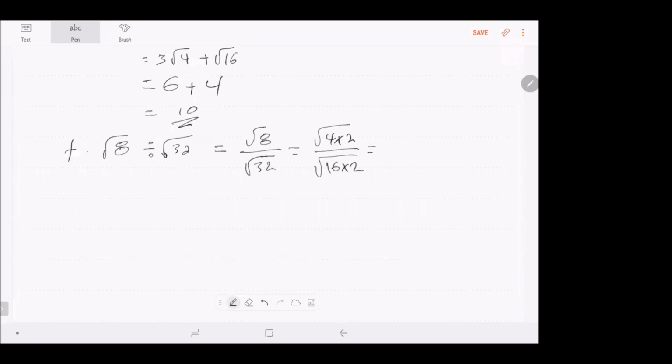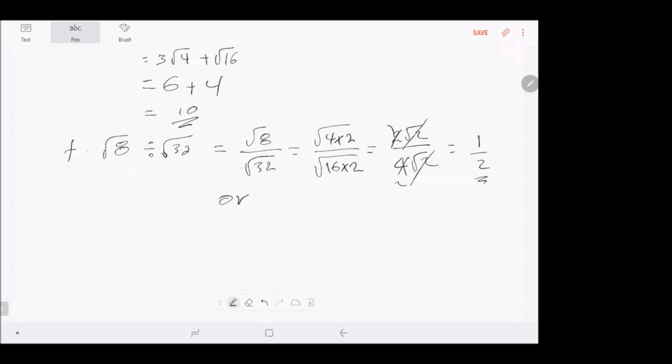When we extract 4 from the square root, the result will be 2. So 2 times the square root of 2 over the square root of 16 times 2; extracting 16 gives 4 times the square root of 2. So the square root of 2 cancels out the square root of 2. Here, 2 divided by 2 is 1, and 4 divided by 2 is 2. So the final result will be 1 over 2. This is the first way.